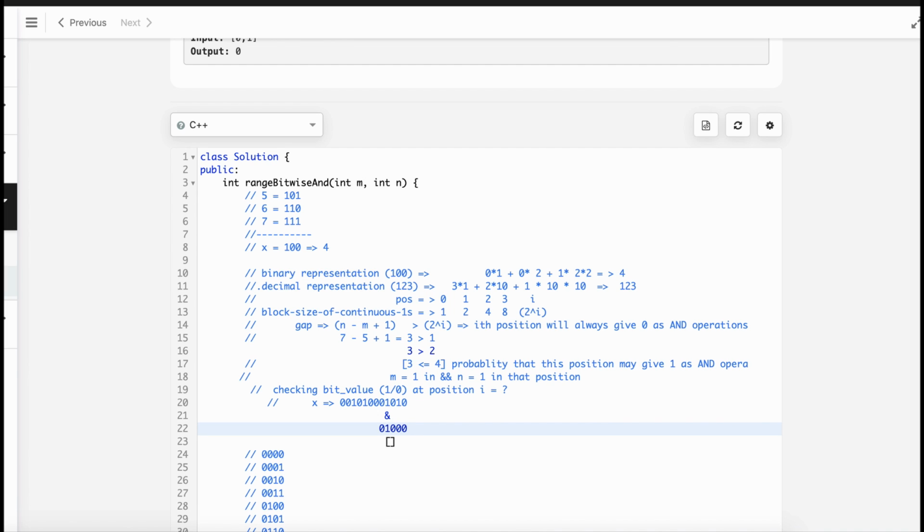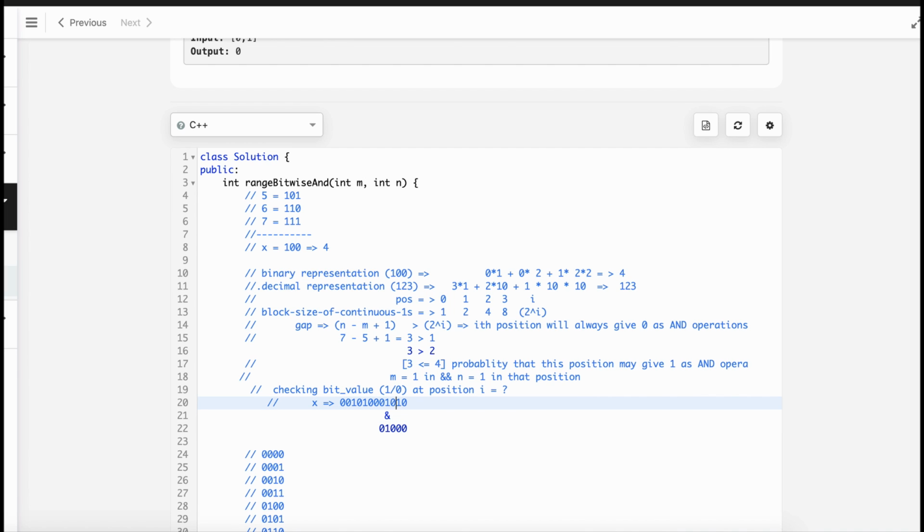If we do an AND operation with a number like this and x, and it gives us a value equal to this one, then we are sure that this particular position does have 1.